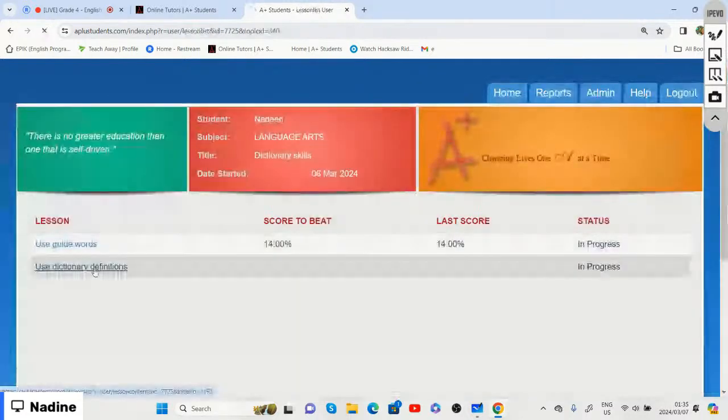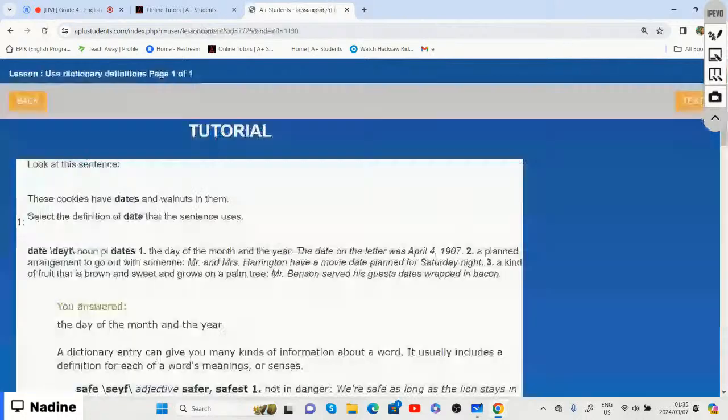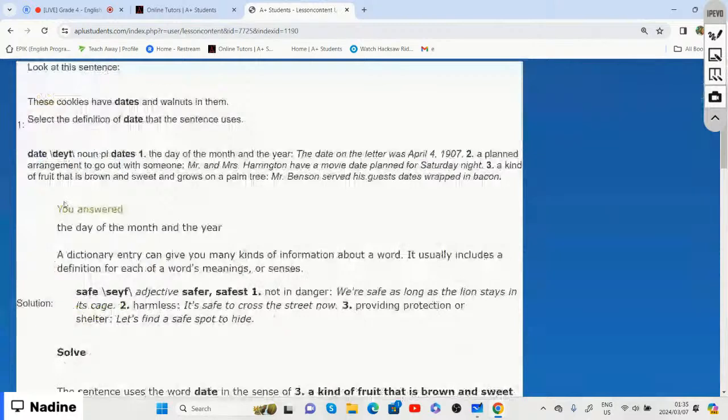So now we need to use these dictionary word definitions. The name of the dictionary word is given. For example, we have date.